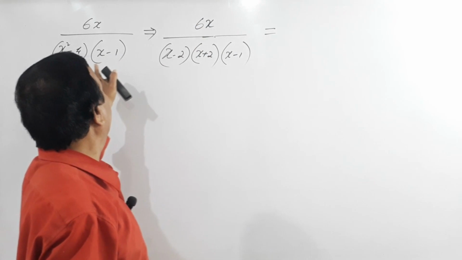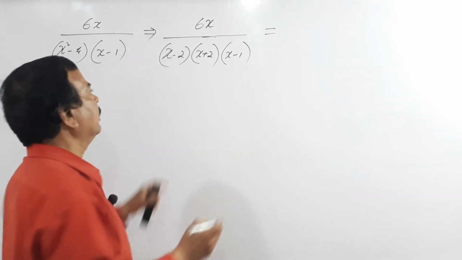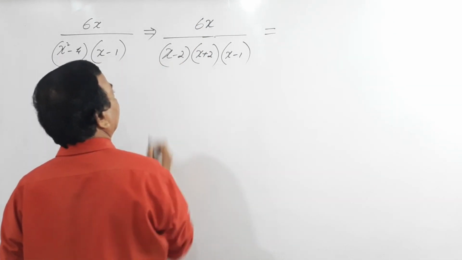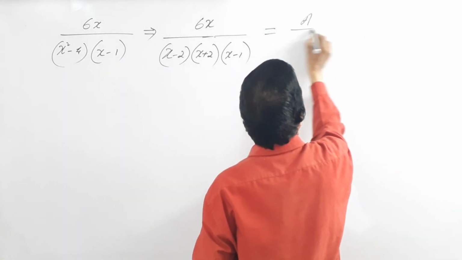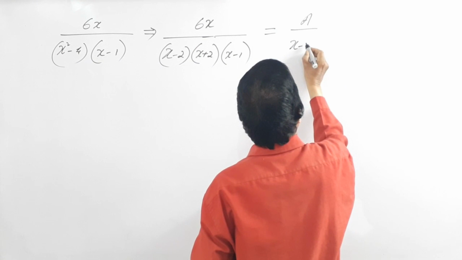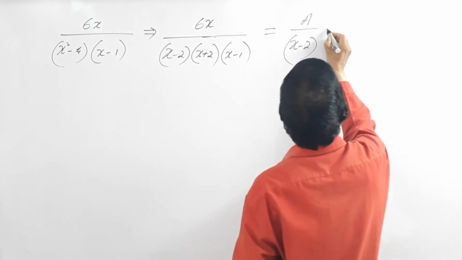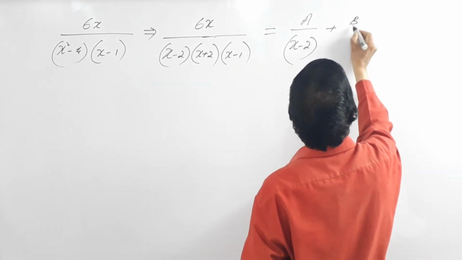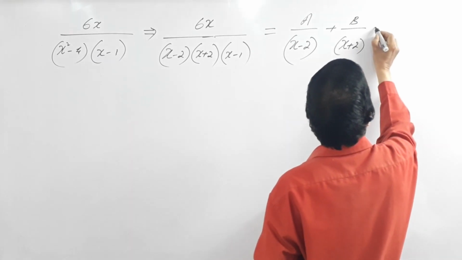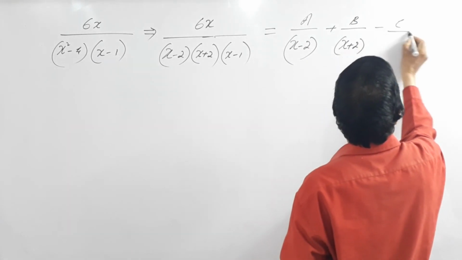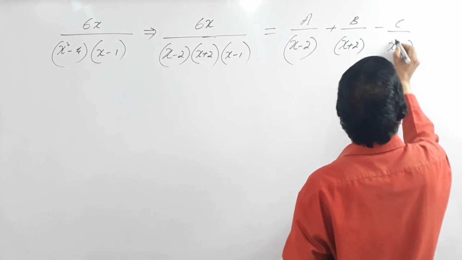6x by, I have factorized this and brought it to a simplified form. So what I do, let this be equal to, I introduce constants: a by x minus 2, plus b by x plus 2, minus c by x minus 1.